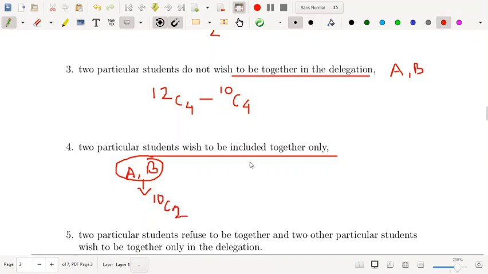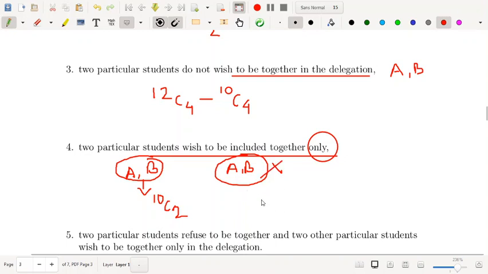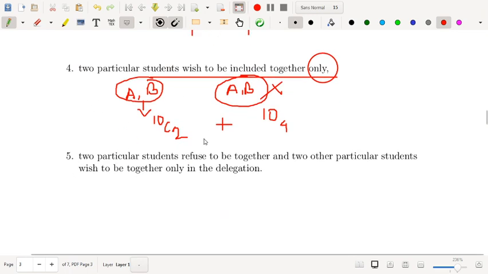And if A and B are not included, both, because they want to be together only, then out of 10 you have to select 4, so your answer will be 10C4. Clear? This is the possibility: either you can select both or you can deselect both. Adding these two, you will get the answer for the fourth case: 10C2 plus 10C4.